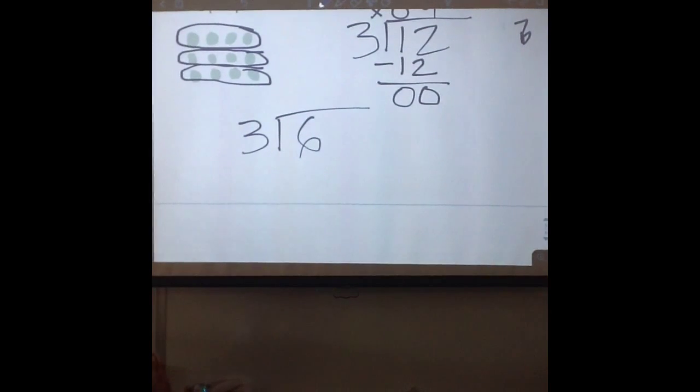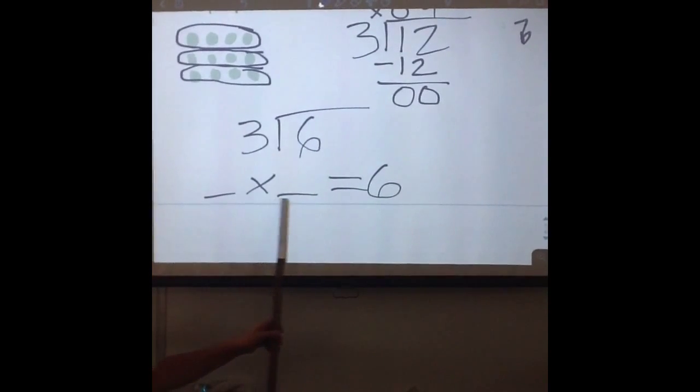We say, where does our 6 go in our multiplication problem? That's right, it goes in the total spot. And then what do we put out here? We can put a 3, right? We could put it right here. Sure. So now we ask the question, 3 times what is 6?